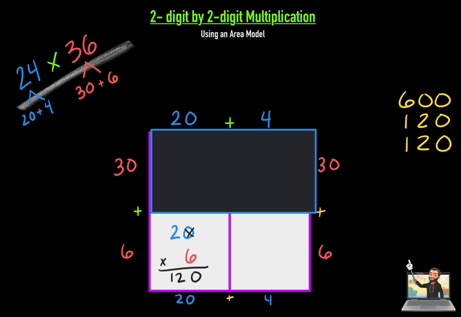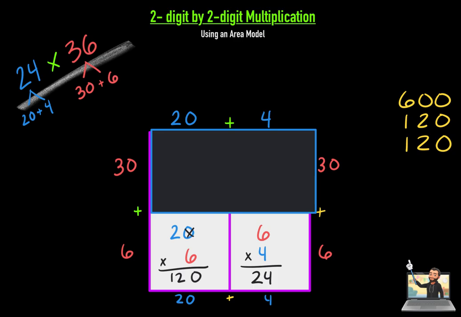Lastly, but surely not leastly, I'm going to take what's left. And what is left is my 4. You can see it here or there. And my 6, which is left over as well. I'm going to take the larger of the two numbers, and I'm going to multiply 6 times 4, which I know is 24, so I get the partial product of 24.